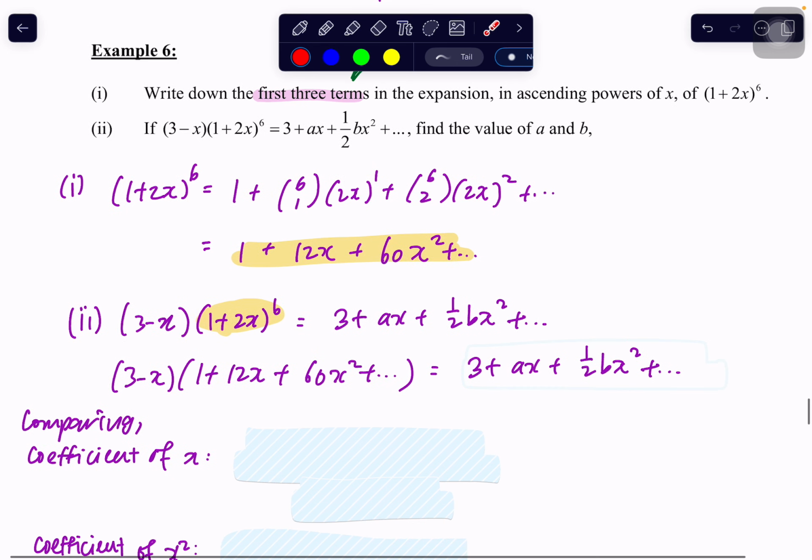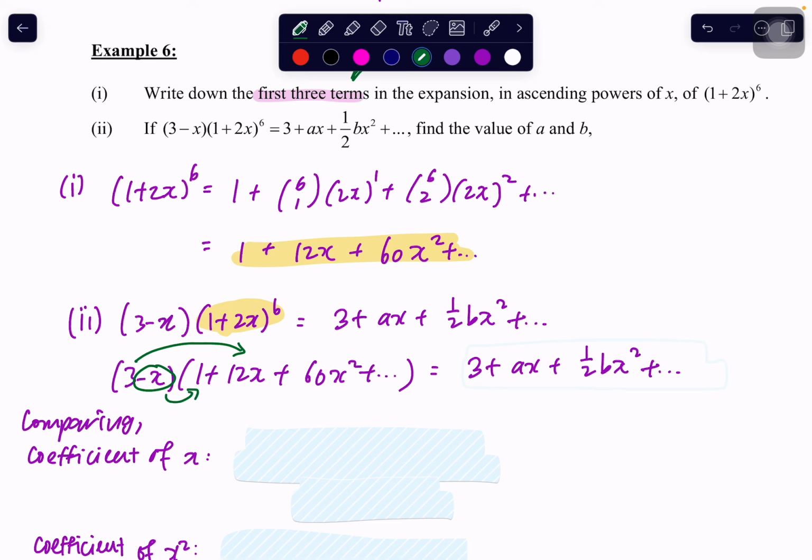How do I find the values of a and b? I'm just going to use the method of comparison. I'm going to compare the coefficients of the x terms on the right and the x terms on the left. How do I get the x term? I would have to use 3 multiplied by 12x, that gives me the x term, and then negative x multiplied by 1.